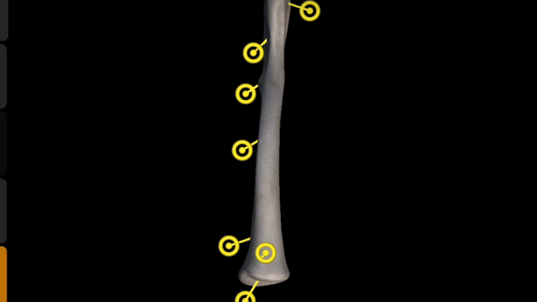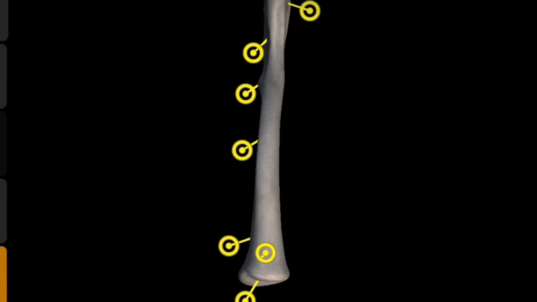Basically, the clavicle is a long bone. It has a shaft and two ends, one lateral and one medial. The lateral end is also known as the acromial end, and the medial end is known as the sternal end. It has the medial shaft.